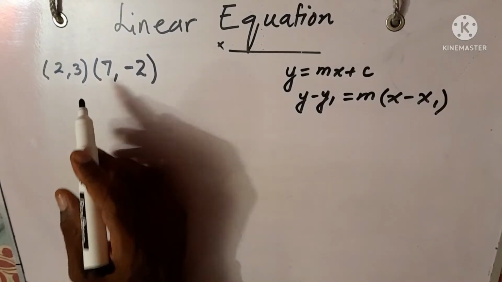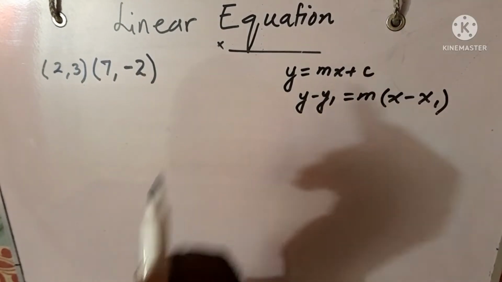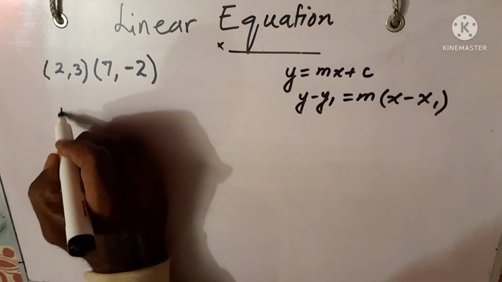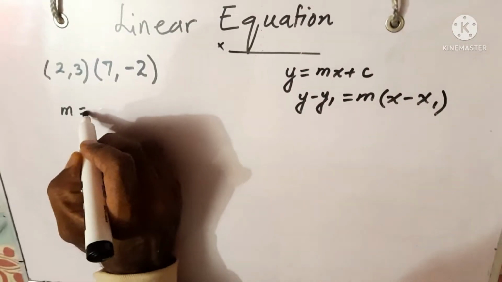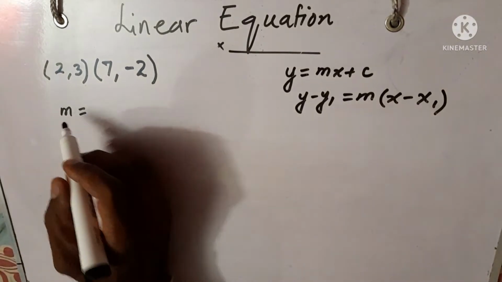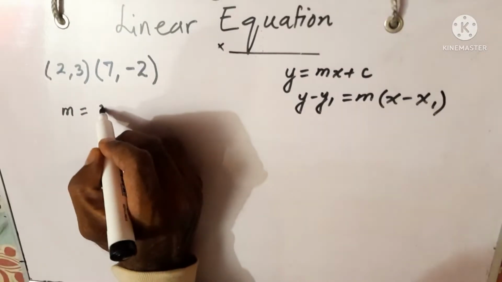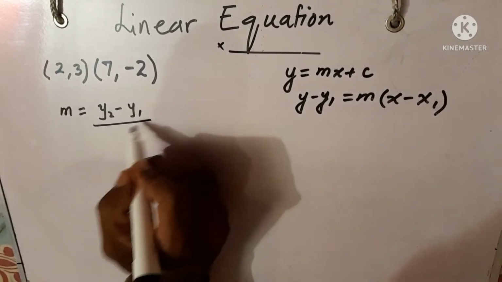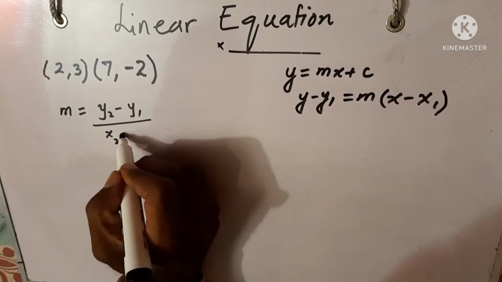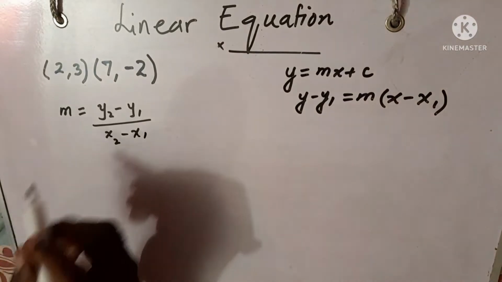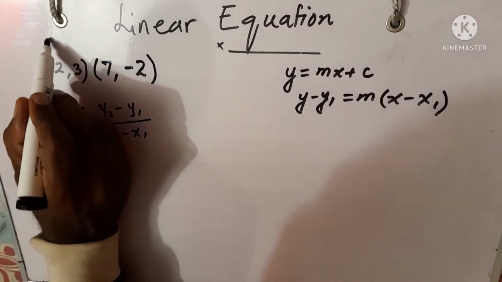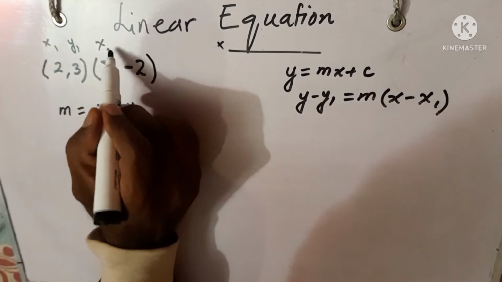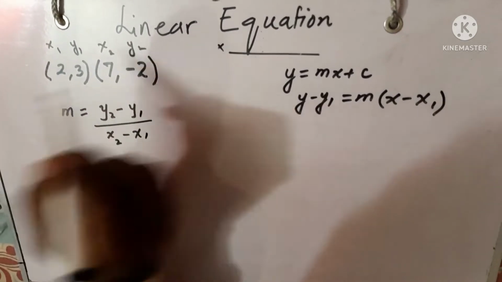First, I need to find the gradient of the line passing through these two points. So I will first start with the formula for the gradient: (y2 - y1) over (x2 - x1). This is my x1, this is my y1, this is my x2, this is my y2.